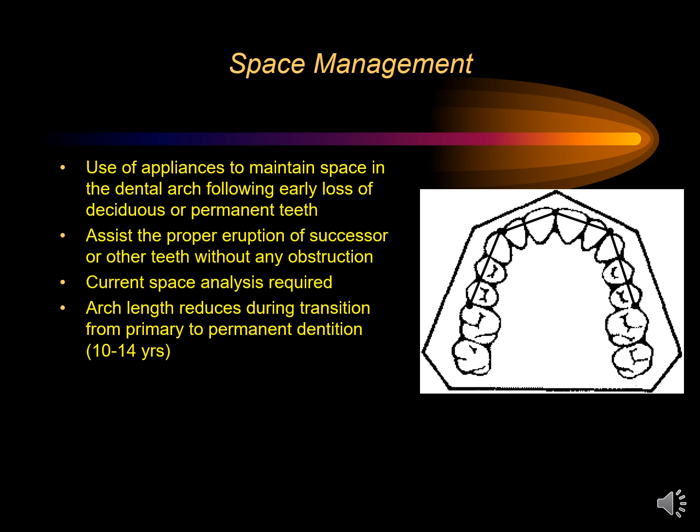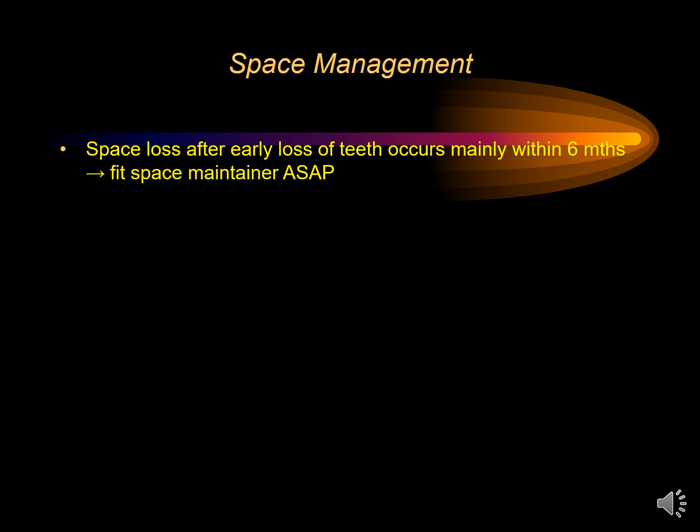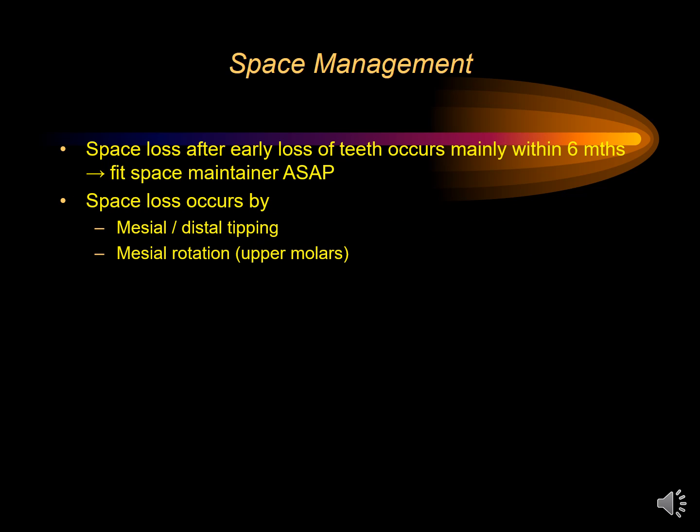We also need to remember that arch length will reduce during transition from primary to permanent dentition. The space loss after early loss of a tooth occurs mainly within 6 months of the loss. This means we should fit a space maintainer as soon as possible to minimize the loss in space.